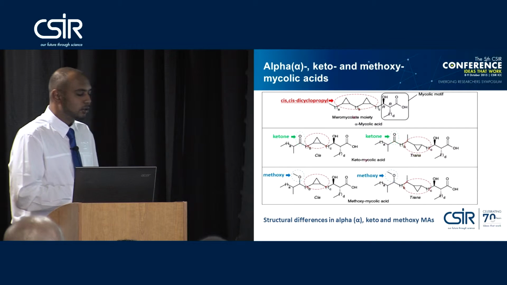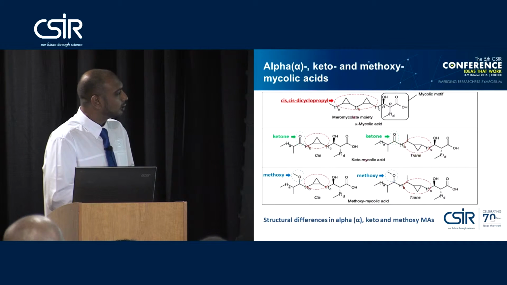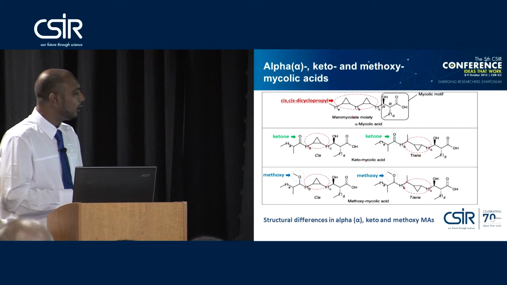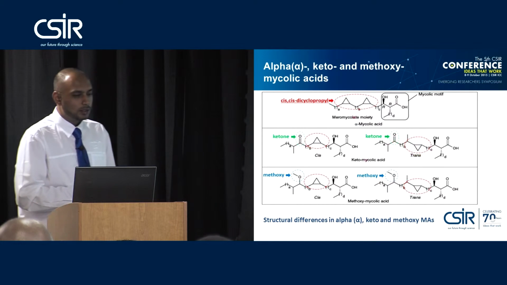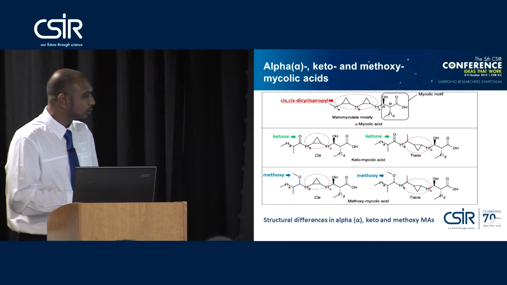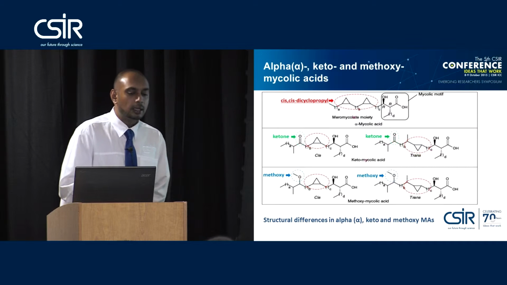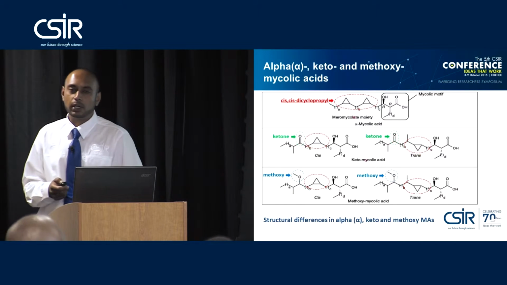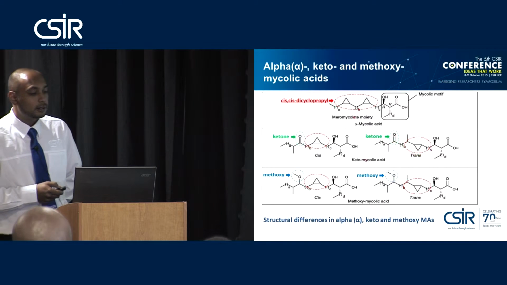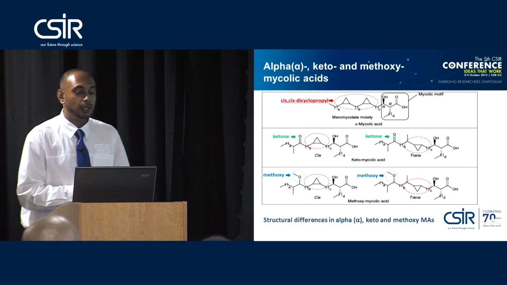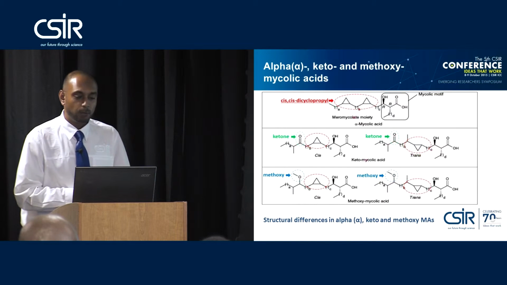At the distal end of the chain, there is either a second cyclopropane ring which distinguishes the alpha mycolic acids from the others, but then the keto and the methoxy mycolic acids have either a ketone functional group or a methoxy functional group. Now, the keto and the methoxy class of mycolic acids can exist in either the cis or trans configuration in nature, and this is with relation to the positioning of the cyclopropane ring in relation to the functional group at the distal end.